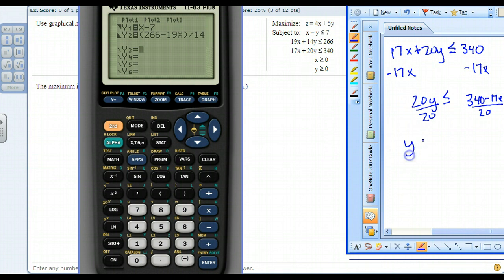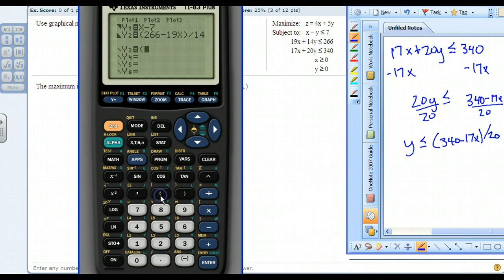Alright, and then just remember to use your parentheses when you put it in your calculator. 340 minus 17x is all being divided by 20. And once again, this one is a less than. Alright, and then once again we have x greater than 0, y greater than 0.